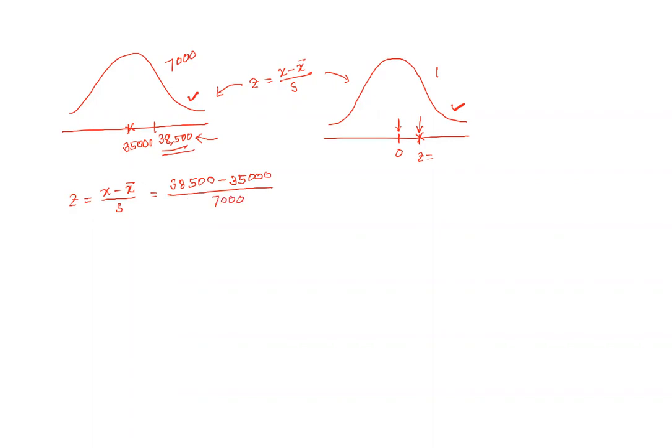So that is going to be 3,500 on the top divided by 7,000. That is, by the way, just 1/2 or 0.5. So z-score is 0.5. Remember, z-score positive means it's to the right of 0. Z-score negative means it's to the left of 0.